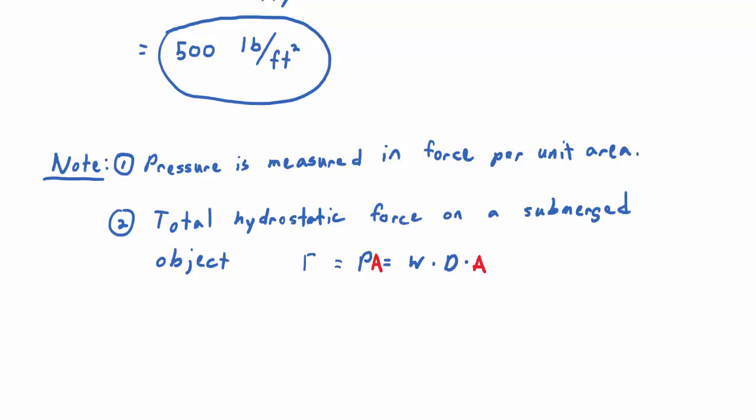So F for force is going to be pressure times area. But the formula you want to memorize is WD times A, because all you have to do then is memorize that formula for the total force on a submerged object, and then take off the factor of A if you want the pressure on the submerged object.